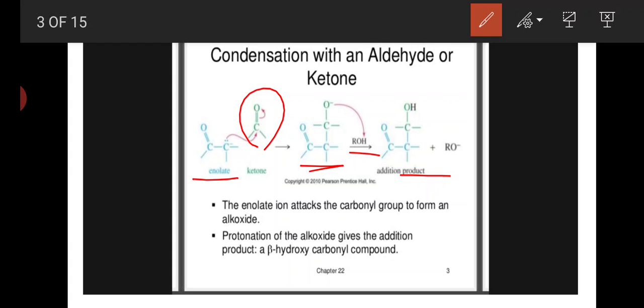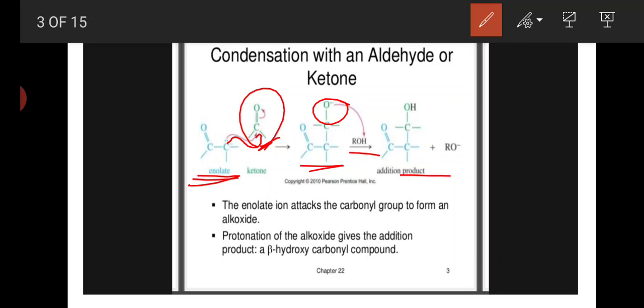Okay, in this condensation reaction, the enolate ion attacks the carbonyl group. This is the enolate ion and this one is the carbonyl group. So first the enolate ion attacks the carbonyl carbon and forms the alkoxide. Protonation of the alkoxide gives the addition product.